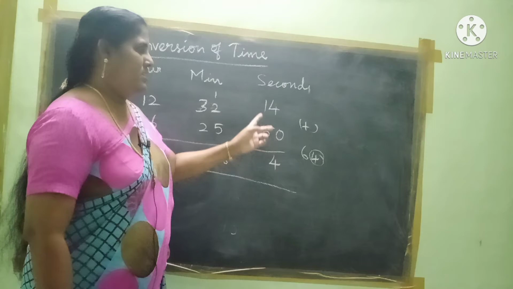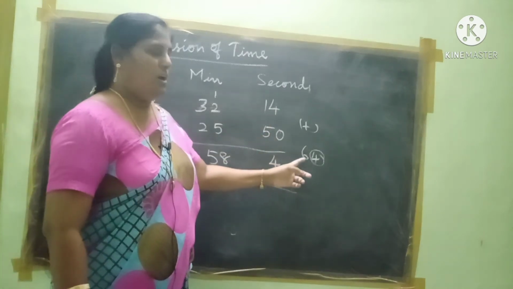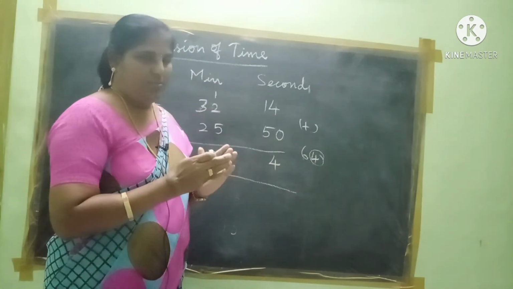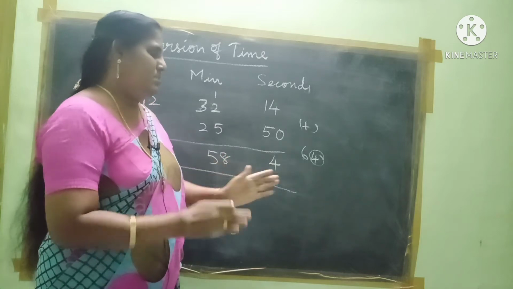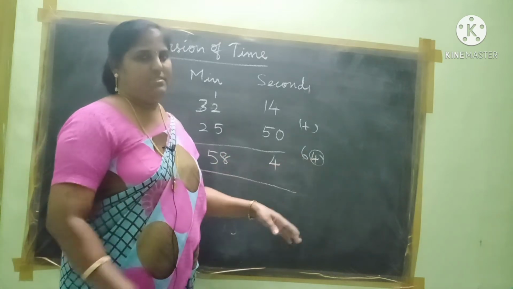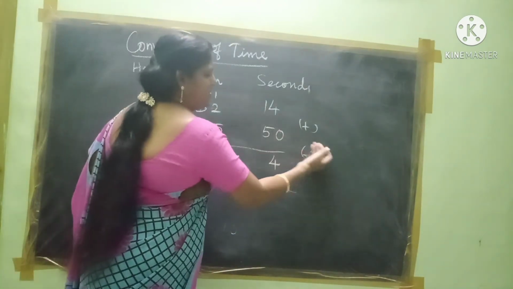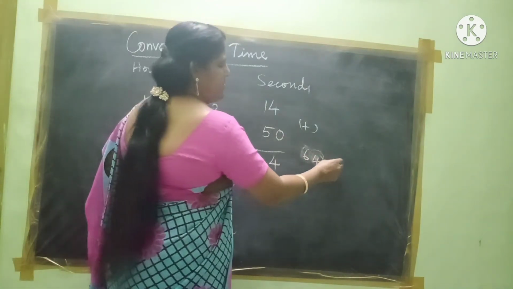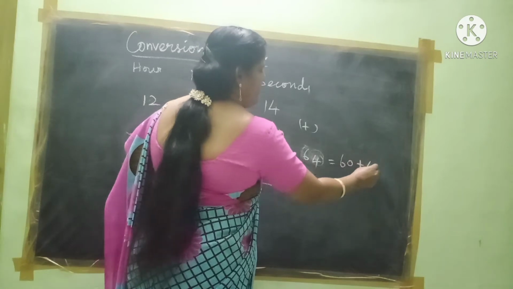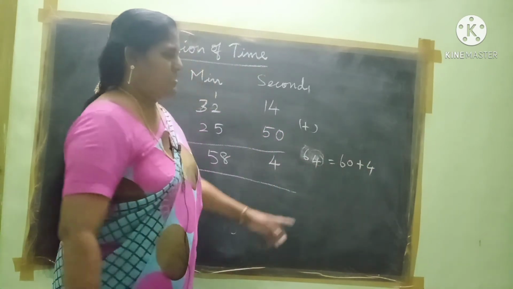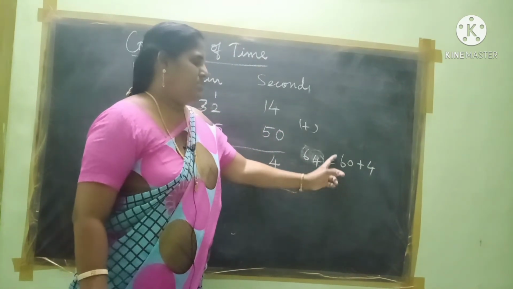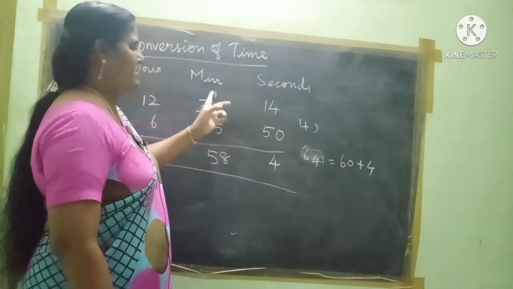Children, if the answer is above 60 minutes, we have to split the number. Split the number into 60 plus. Here, what was the number? The total answer 64. If you split it, 60 plus 4. So 4 seconds are remaining. You just put it here. And the 60 seconds make 1 minute.